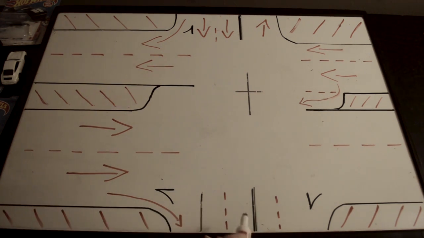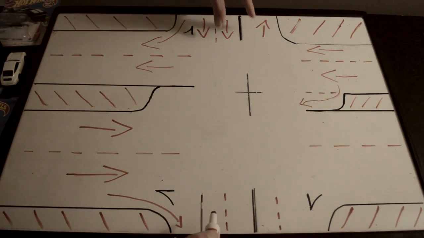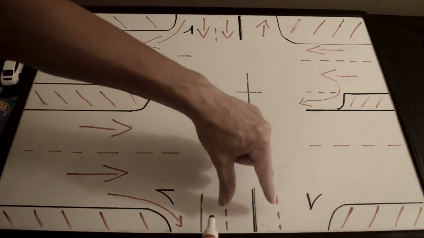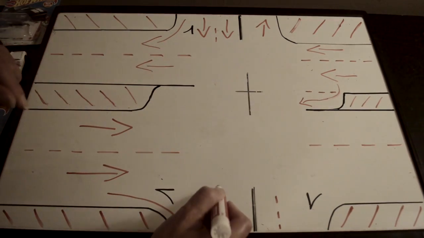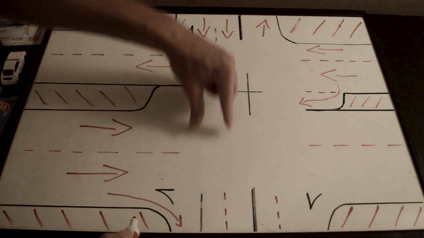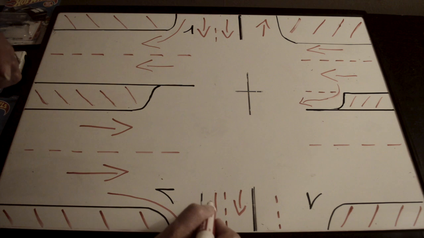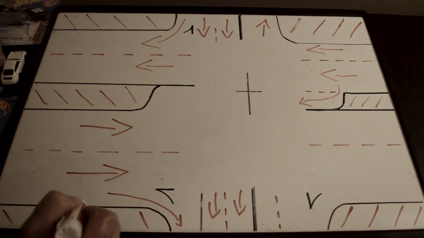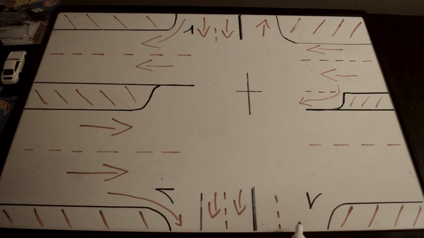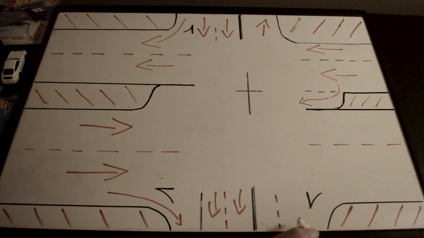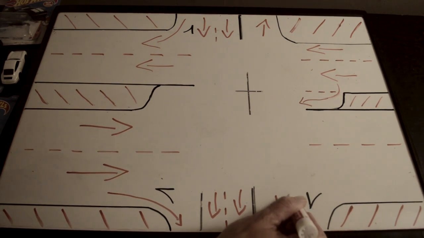And this here is when you cross the intersection, and from here you would come across and you'd still be traveling in this direction here. And this is the other side of the road where traffic is coming this way.